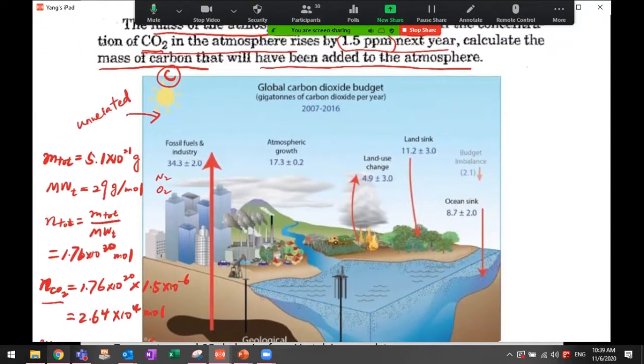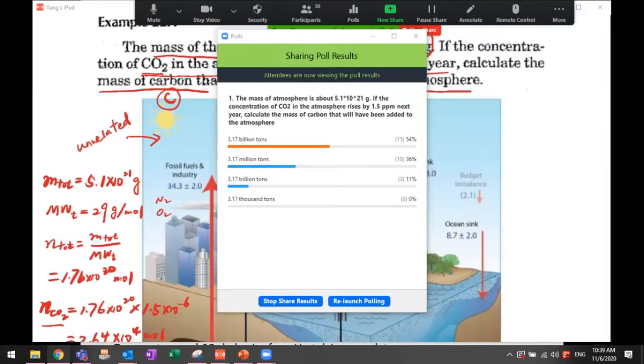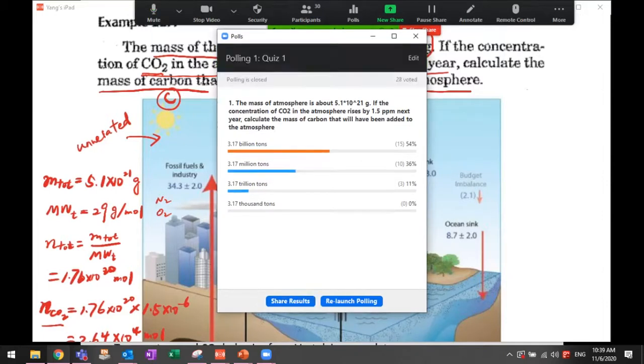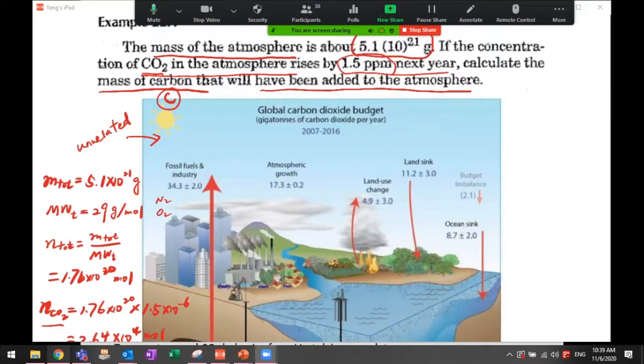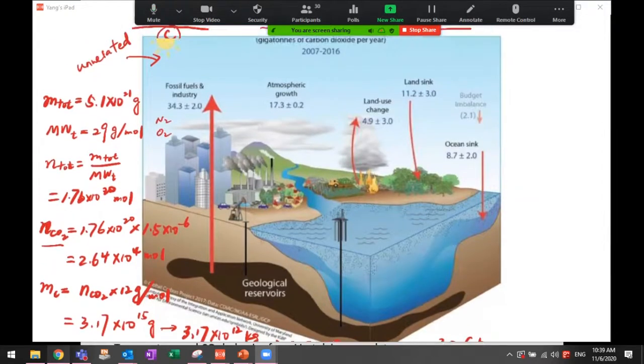So that's why we're going to choose the first one here, 3.17 billion tons. Now you have a general understanding of what scale of carbon we're talking about. It's around 3.2 gigatons or billion tons here.